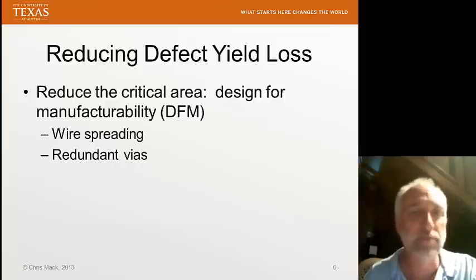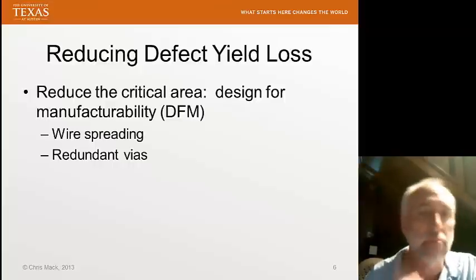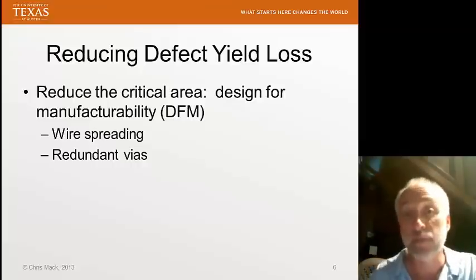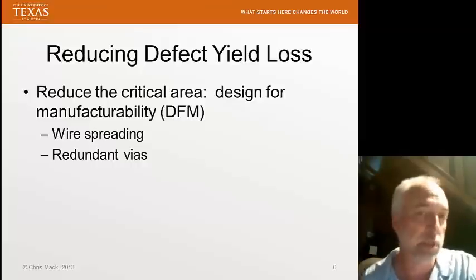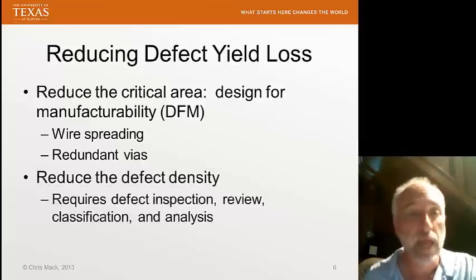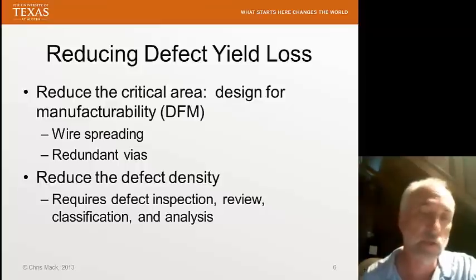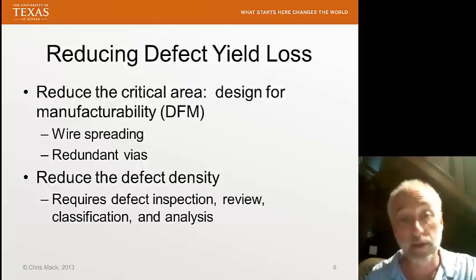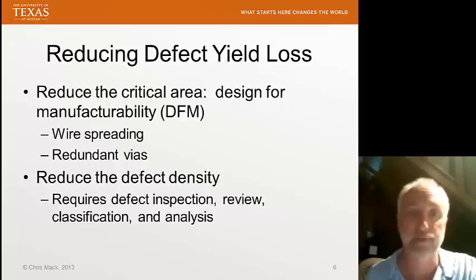This idea of changing the design to make it yield better in a real-life manufacturing process is called design for manufacturability, or DFM. And then, of course, the other obvious way is to reduce the defect density, D0, in our equation. This requires inspection, review, classification, and analysis of the data.